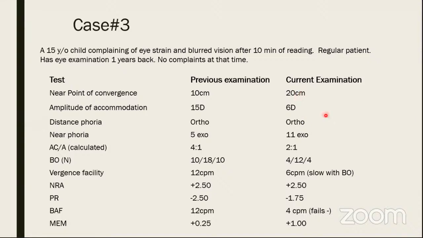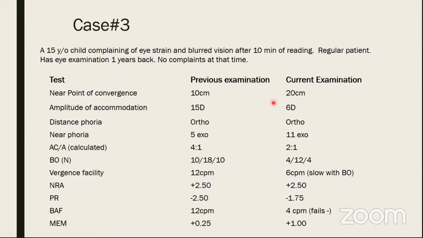Again, NPC, phoria, and base out value would lead us to a diagnosis of convergence insufficiency. But in this case, what we need to see is, let's check the amplitude of accommodation also. So what is the average amplitude of accommodation at this age? We know that there is the Hofstetter formula: 18 minus age divided by 3, so 18 minus 15 divided by 3.